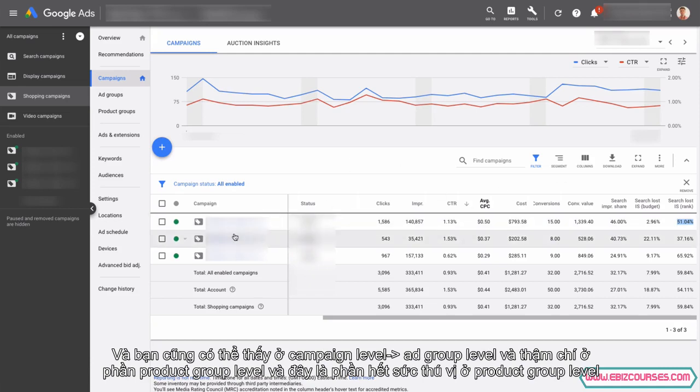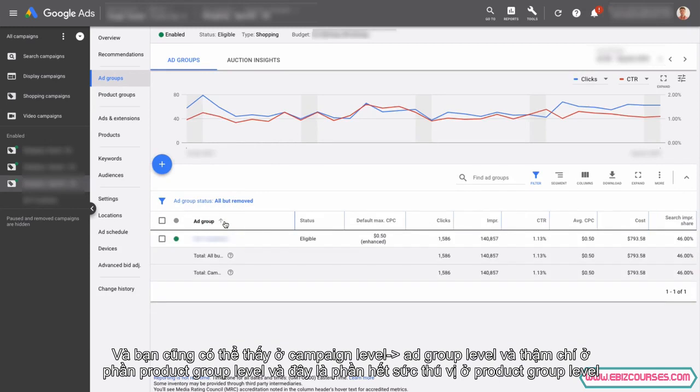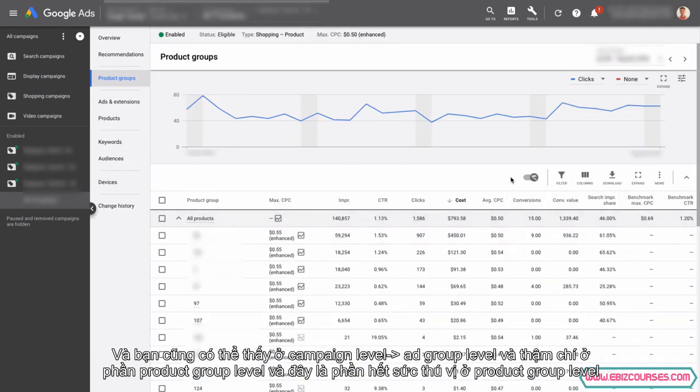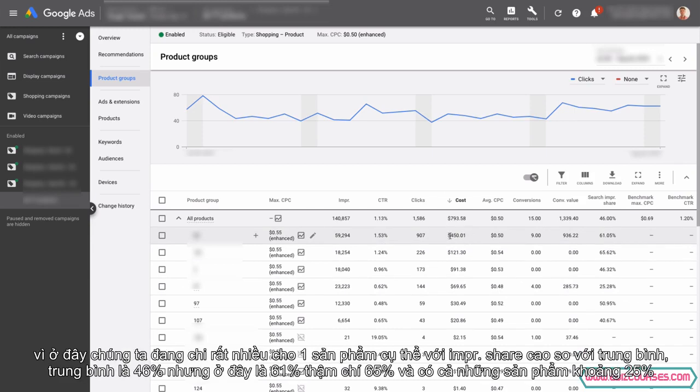You can see this at the campaign level, but we can also see this at the ad group level or even at the product group level. This is really interesting at the product group level, because here we can see in those instances where we're showing a lot and spending a lot for specific products, we actually had a pretty high impression share compared to the average.